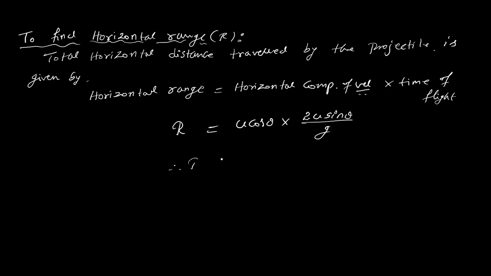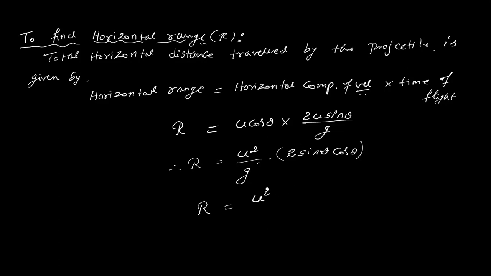Therefore, R is equal to u square by g, and have your 2 sin theta into cos theta. So this 2 sin theta into cos theta can be written as sin 2 theta, according to our trigonometric formula.